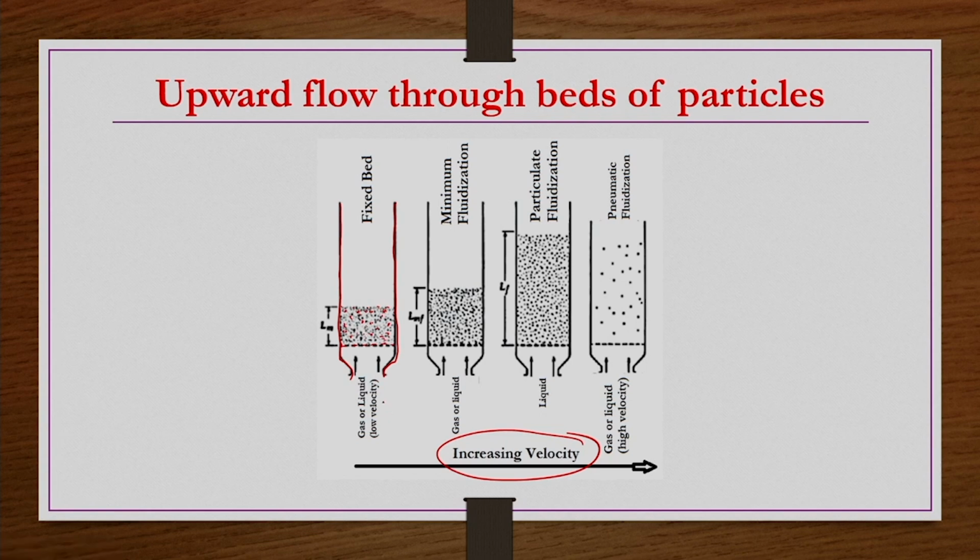What happens, whether you use gas or liquid, if the velocity is small so that there is no relative movement of the particles, or the entering fluid does not have such a high velocity or force that it alters the bed arrangement? It is not making any rearrangement of the bed. Then whether it is downward flow or upward flow, we can say that the bed is under fixed conditions. There is no relative movement of the particles, the velocity is maintained in such a way.